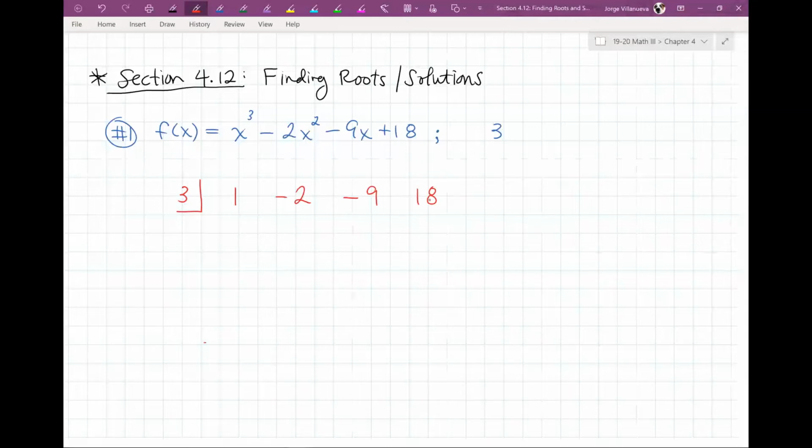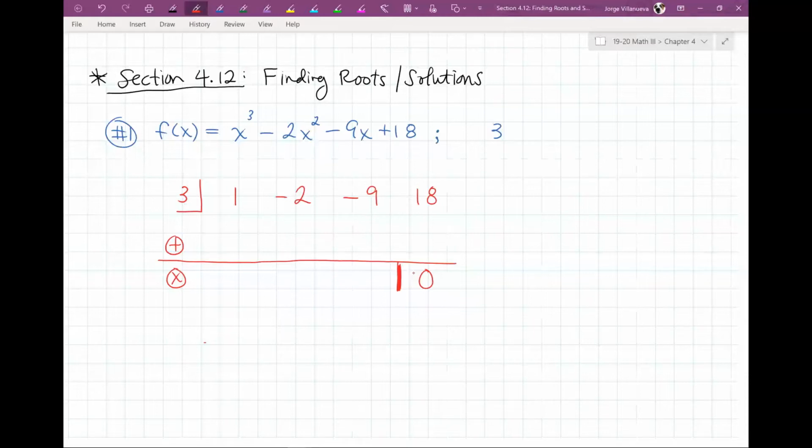So I'm expecting to see a 0 for my remainder. I'm going to put it right now and we'll double check. I'm assuming there's going to be a 0 at the end because they said that's a root. If it's a root, it's a 0. If it's a 0, my remainder is 0.